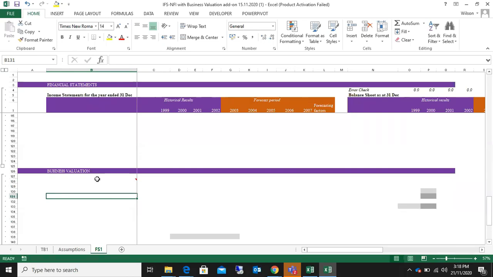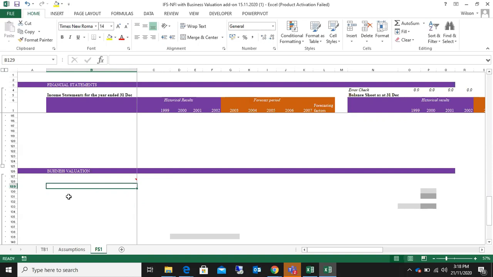All right. When we talk about business valuation, just like asset valuation, we use the discounted cash flow approach. There are different approaches for valuing a business, but the approach we want to talk about here, which is of course the most common, is the DCF approach. The first thing is we need to calculate the free cash flow to the firm.